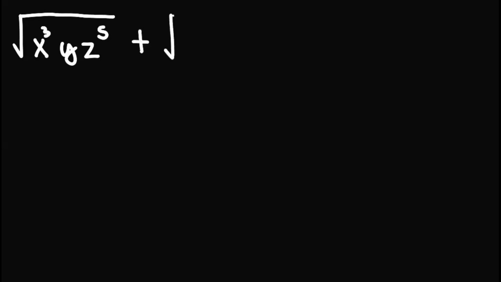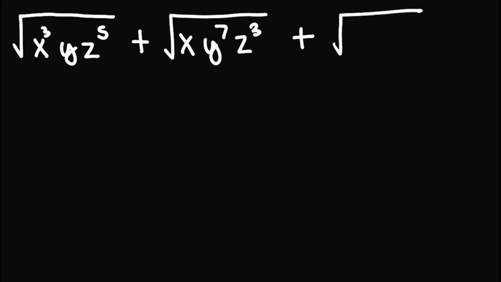Let's have this one last example, and let's make this a bit more challenging. Let's have the square root of x cubed y raised to 5 plus the square root of x y raised to 7 z raised to 3 plus the square root of x raised to 9 y raised to 5 z.